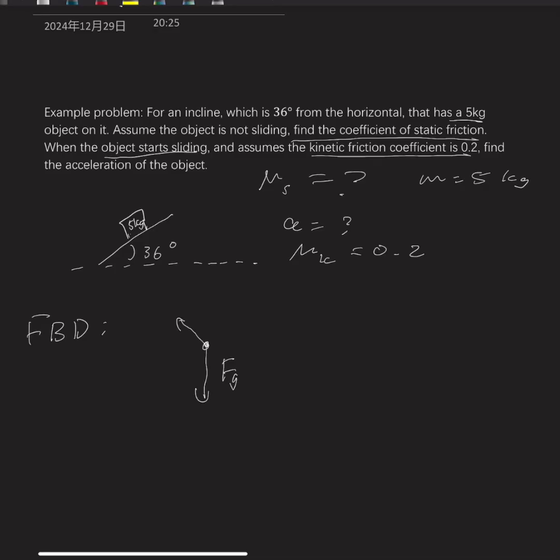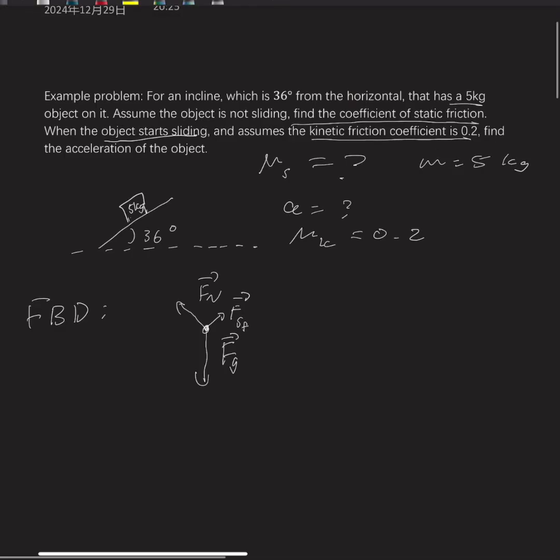So it looks like this. Force of normal. The problem is saying that it has static friction. It's not moving, so it must have static friction. Something like this. Force of normal, force of static friction. And they're all vectors. So here's the free body diagram.